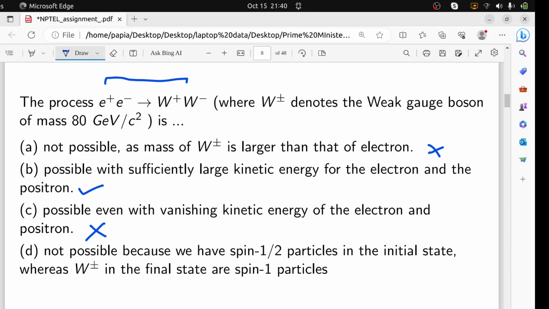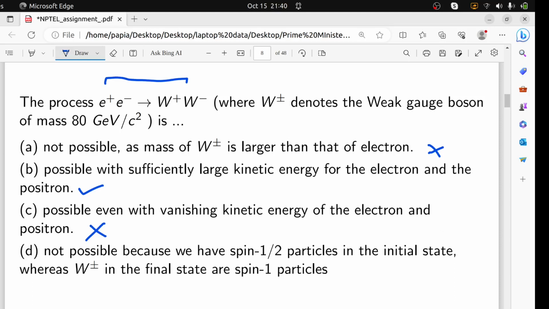So that means we have to check the D option right now. What is the D option here? D option says it is not possible because we have spin half particles in the initial state, whereas W+- in the final state are spin 1 particles. So right now we will check this condition. Is it correct or not?